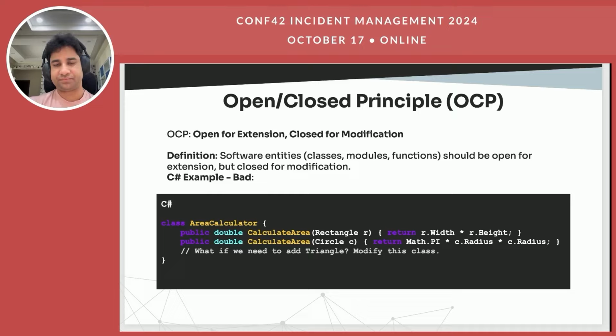But now remember, what if we have to add a triangle? We will have to modify the class. Why? Because height, radius, width and pi, these things are not related to a triangle, right? It's basically a base and height. So we cannot extend this class to calculate the area of a triangle.